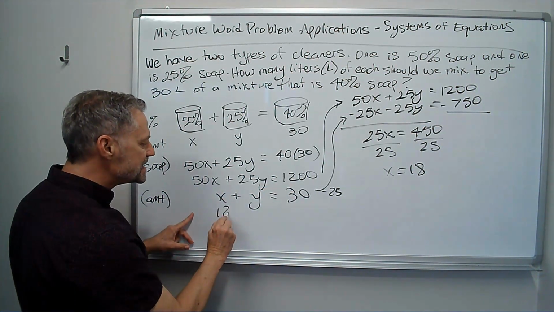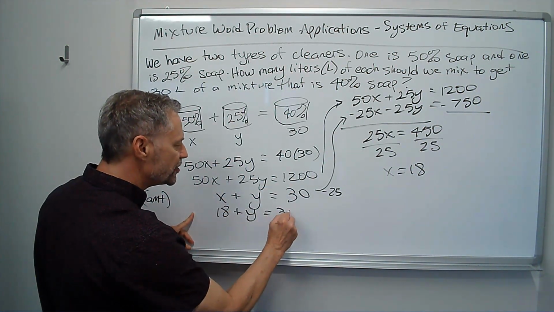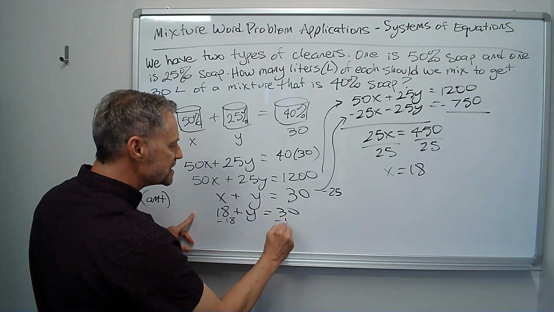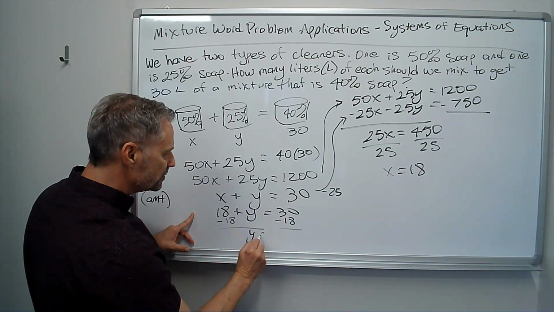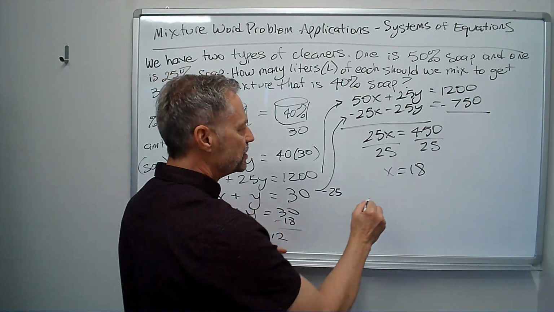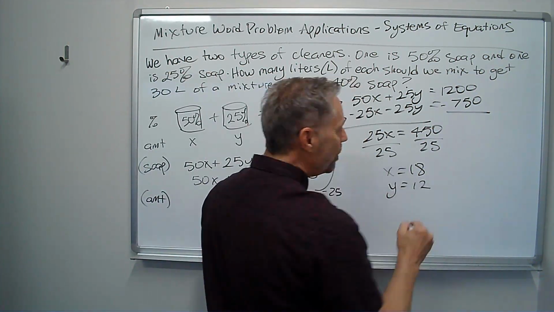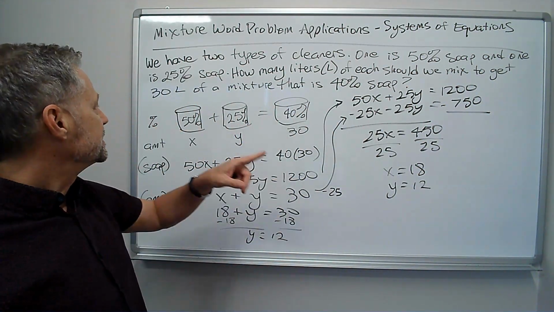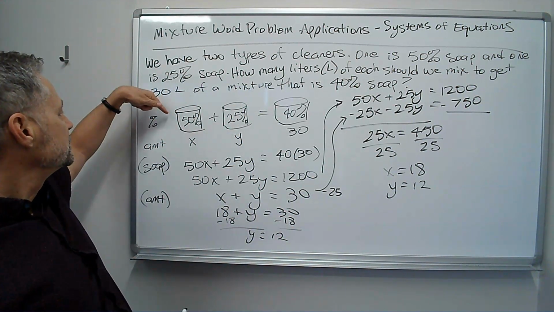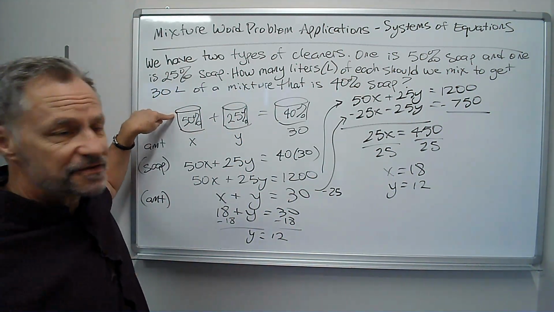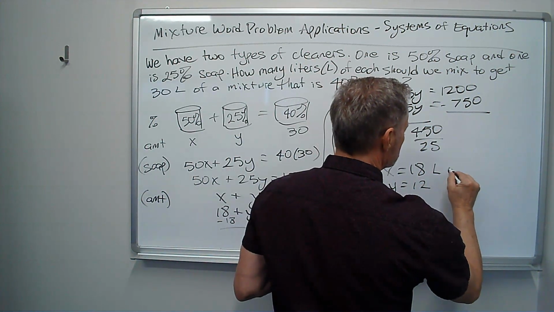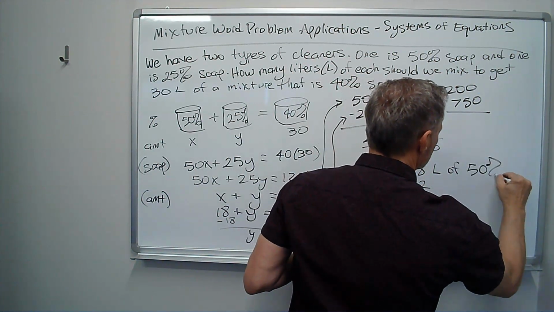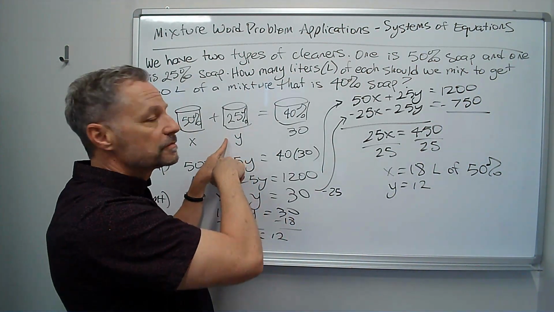So we'll say 18 plus y equals 30. Subtract the 18, y equals 12. And so up here I'll say y equals 12, and now I'll answer what they are. The 18 was x, liters of 50%, and the 12, liters of 25%.